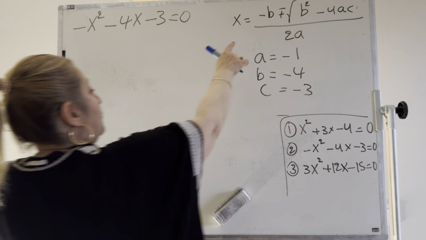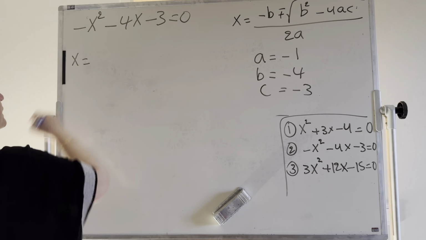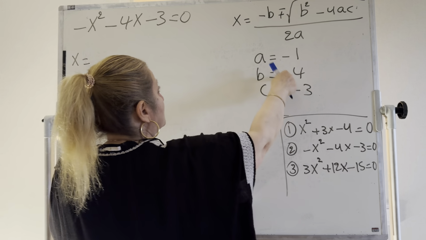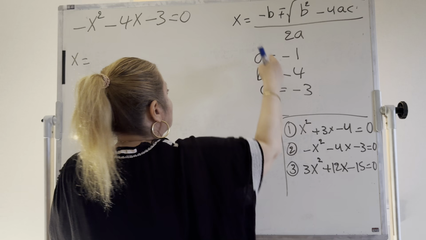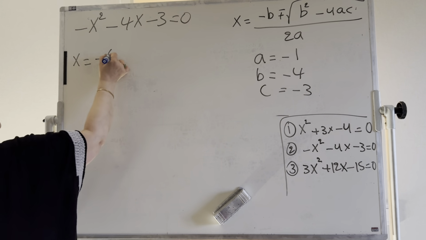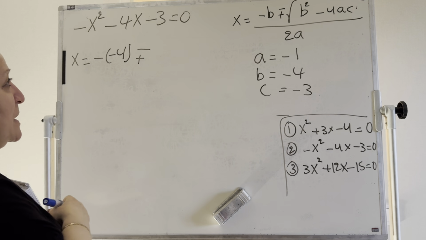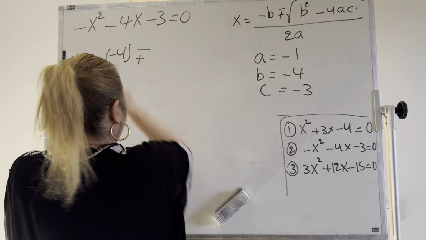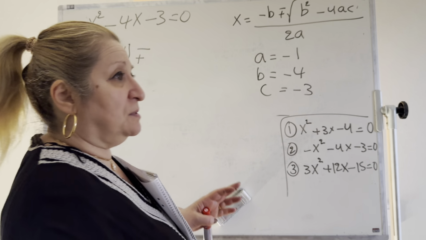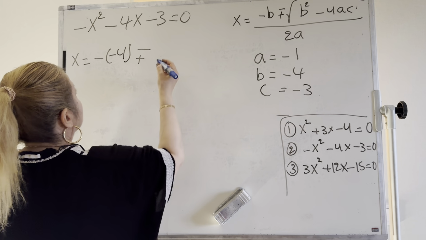And this is my formula. x equals minus b, and I have minus because in the formula there is a minus and here I have minus, so it will be minus minus 4, plus or minus. b squared, if I have minus 4 times minus 4, minus by minus equals plus, it will be 16.